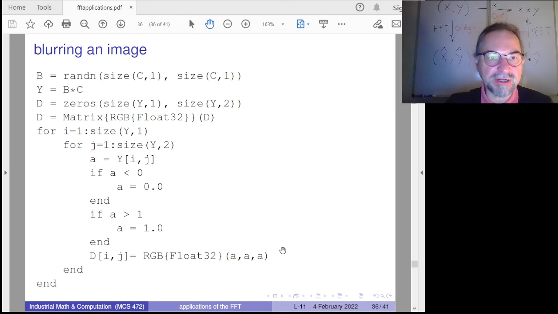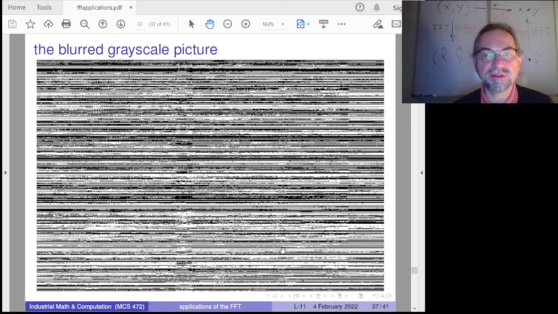So this is another example on how to compute. And if you want to see something, you have to be careful that the intensities have to be between 0 and 1. Otherwise, the saving of the image as an RGB type of matrix doesn't really work. But see, you get something that's kind of messed up.